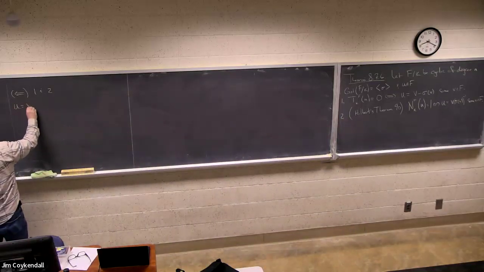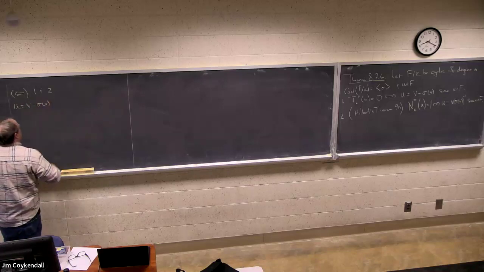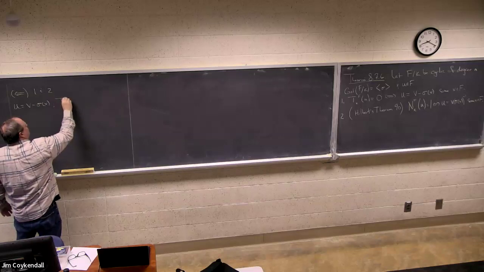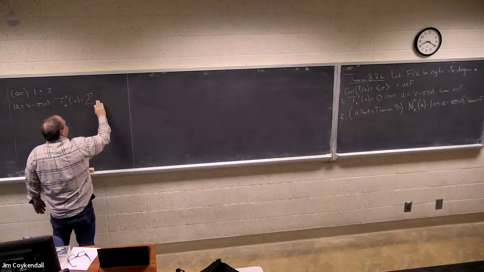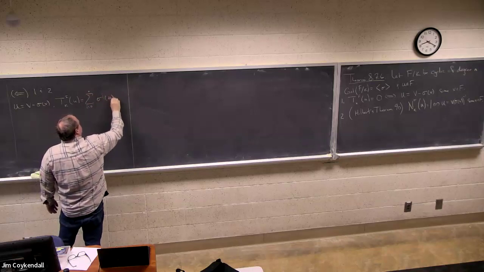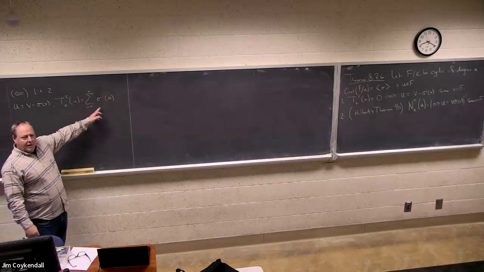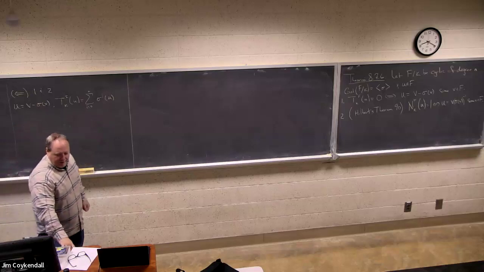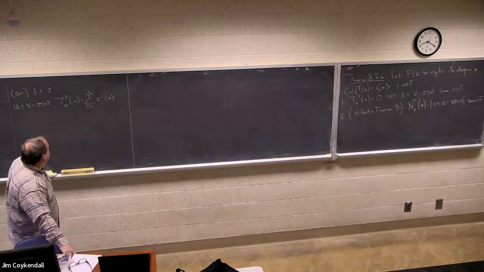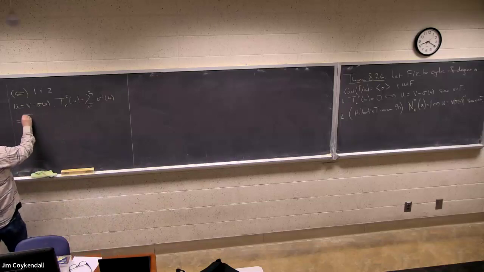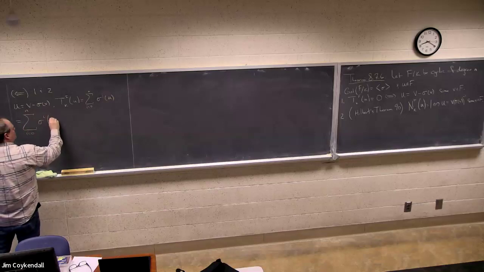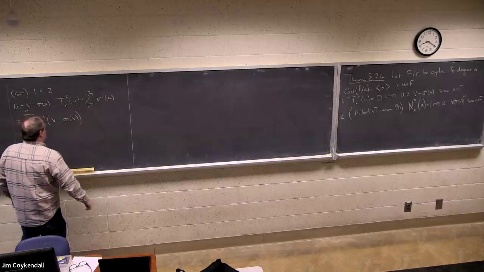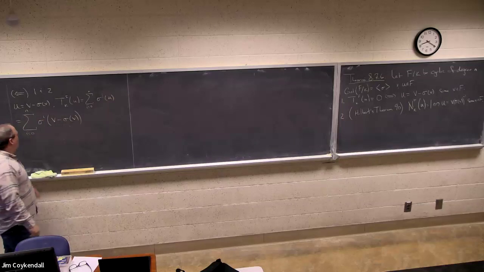So if u is v minus sigma v, then the trace is the sum, because of course all the conjugates that you need are just powers of sigma.